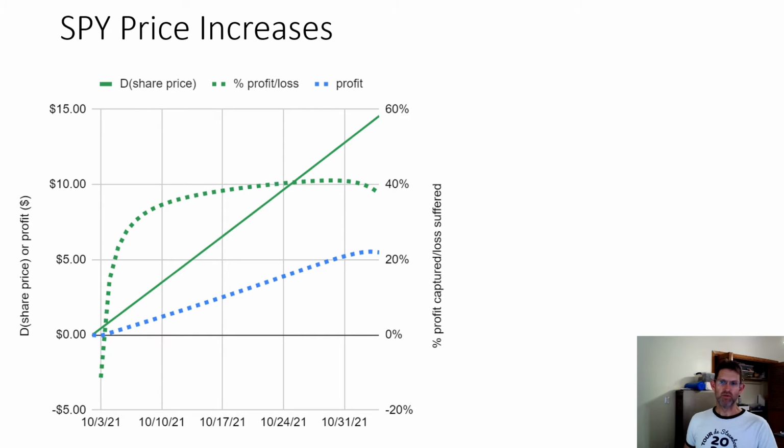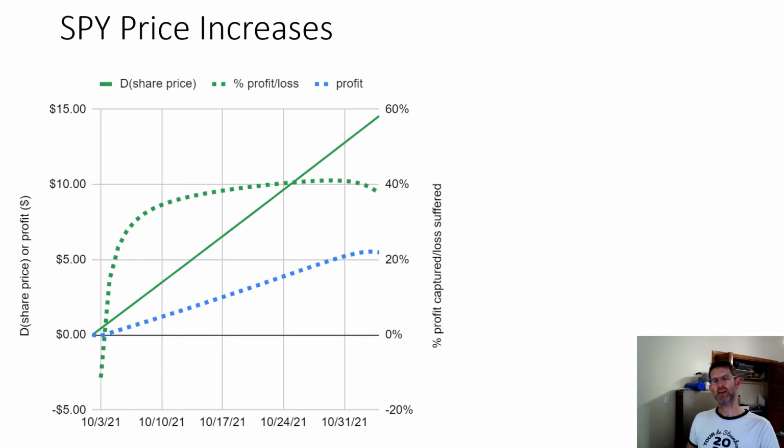Now the blue dotted line is the profit of my position. So as you can see, it goes up to about $6 at expiration. Now the dotted green curve is what I call the percent profit captured or loss suffered.